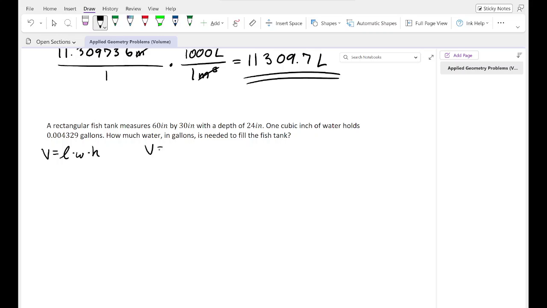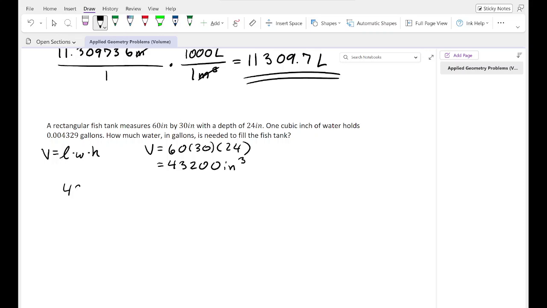So the volume is going to be 60 times 30 times 24, which is going to end up giving us 43,200 cubic inches. It's not too bad. 1 cubic inch of water holds 0.004329 gallons, so I'm going to immediately convert my volume of cubic inches into gallons.